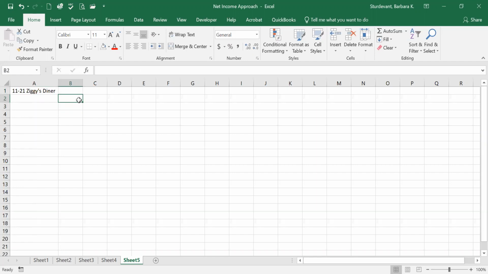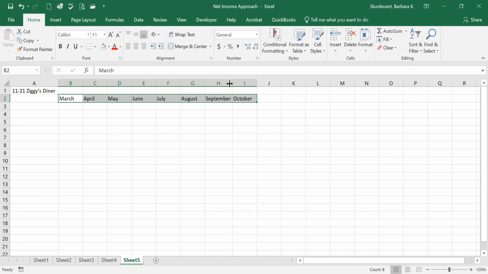And we have the information all the way through from March to October. Okay, March to October. And all I'm going to do to start is put in the sale numbers.